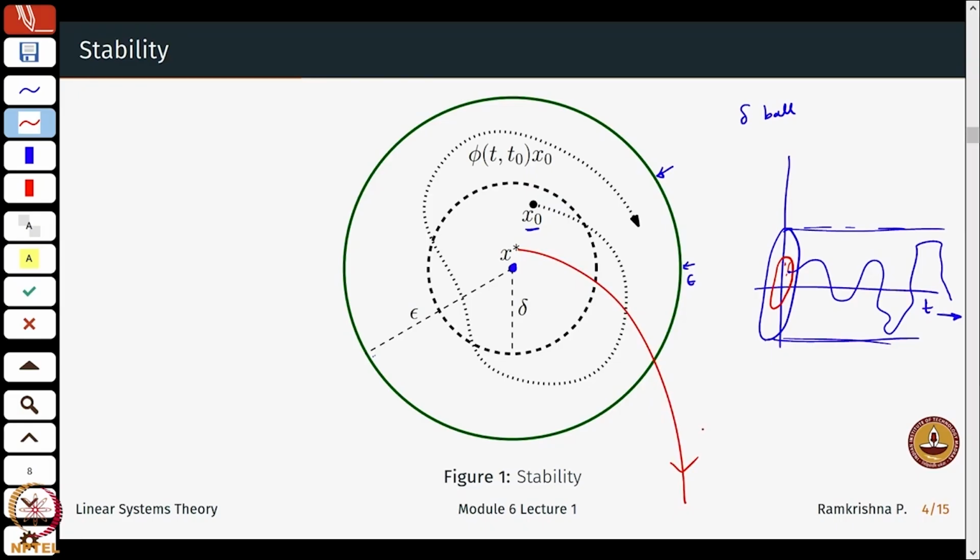So, this is a very basic, very weak notion of stability, that the solutions could just be doing whatever they want. One simple example is the linear oscillator that we did. It just keeps on oscillating, this is always stable.